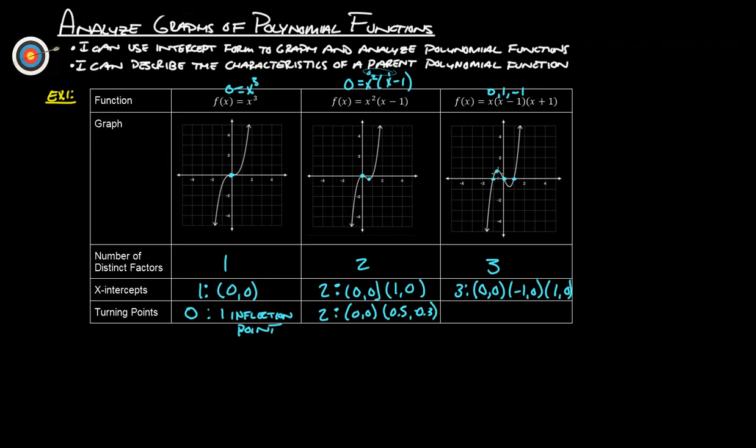How many turning points here? 1, 2 turning points there. And those are at, like, say, negative 0.6 and 1, it looks like, roughly. And then we also have one at 0, 0.